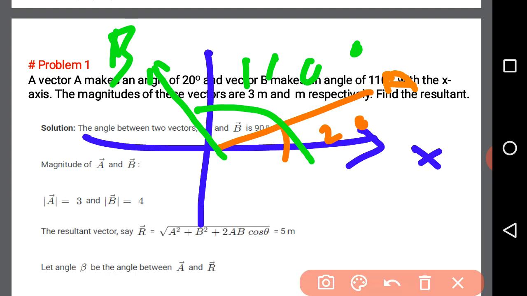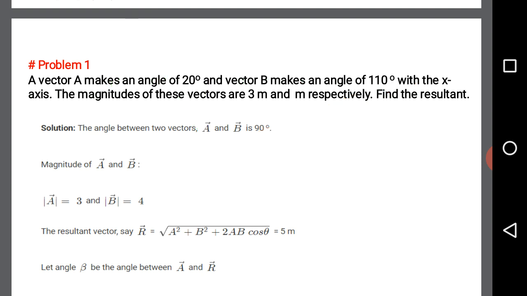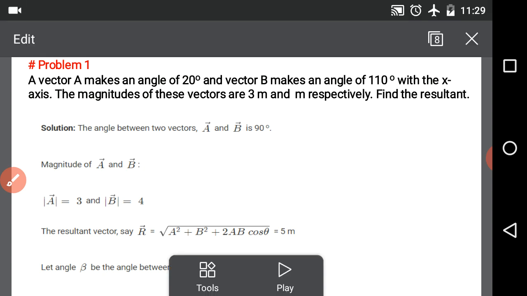Now if you want to find the resultant of A and B, you need to know the angle between A and B, and that angle will be 90 degrees. Why?